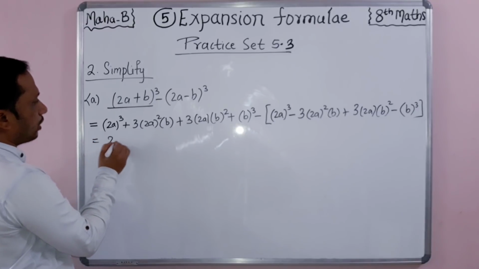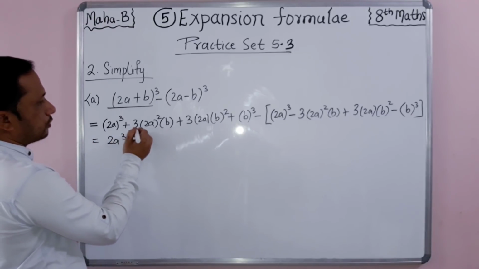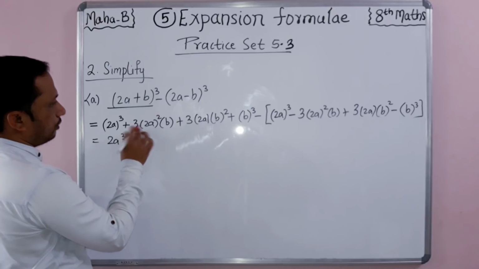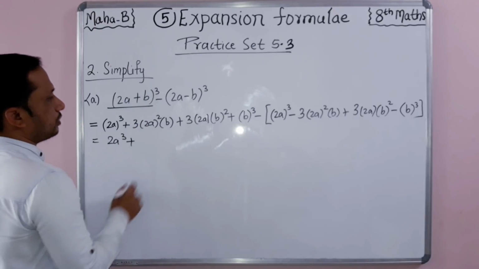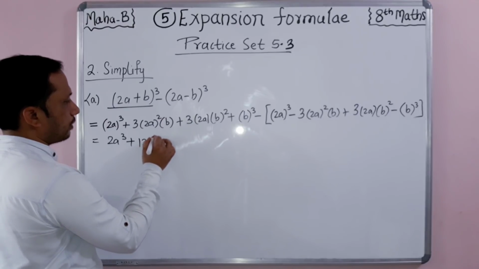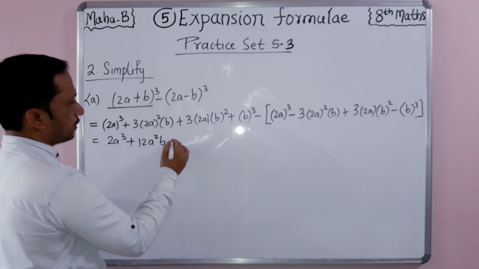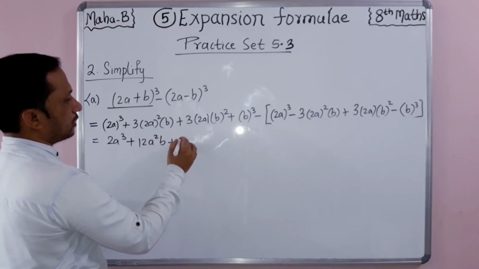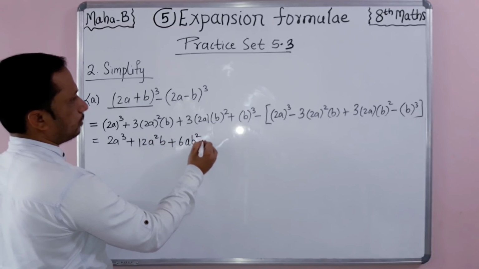So what is (2a) cube? 8a cube. Plus 3 and 2 square is 4, so 3 into 4 is 12a square b, plus 3 into 2, 6ab square, plus b cube.